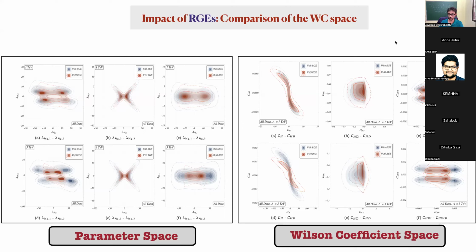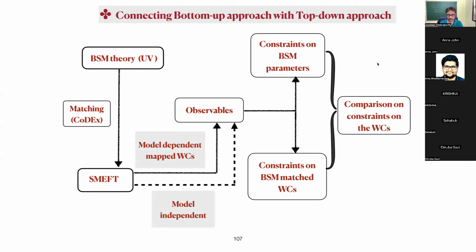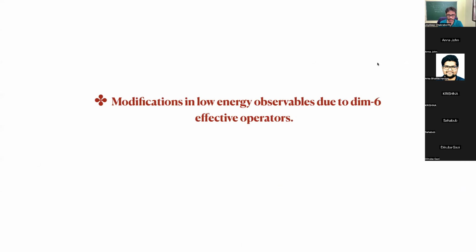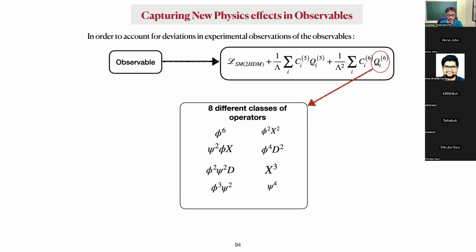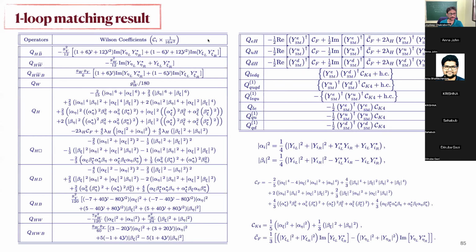No. So when I'm saying the top-down approach, okay, for example, let me show you the result. Just a minute, I can give you one example. For example, this model, right?